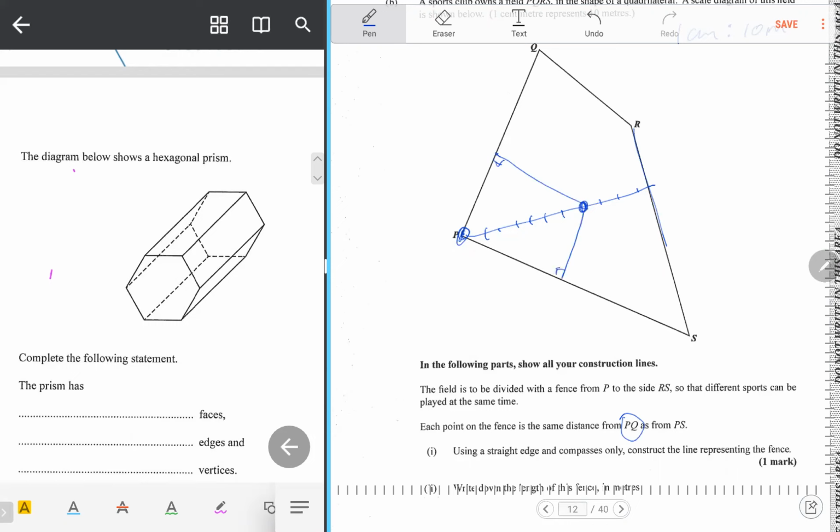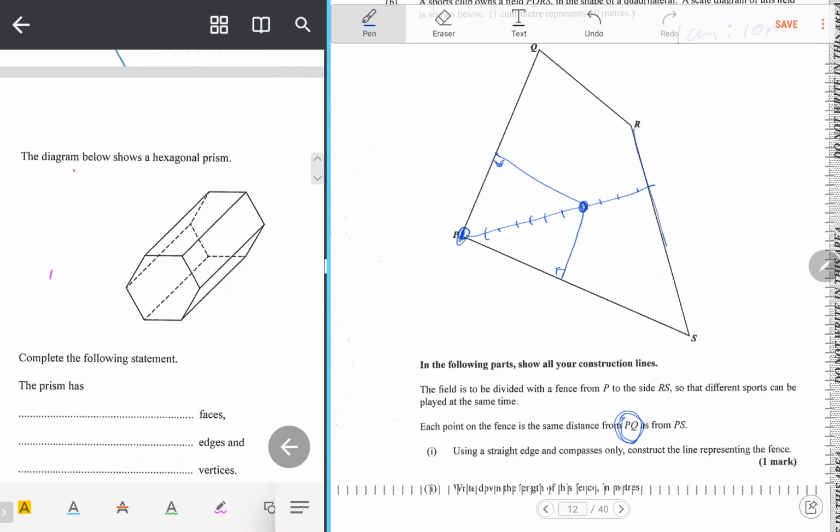That's what they want the fence to be. Even if they don't use the word perpendicular, distance from a line is perpendicular distance from the line.